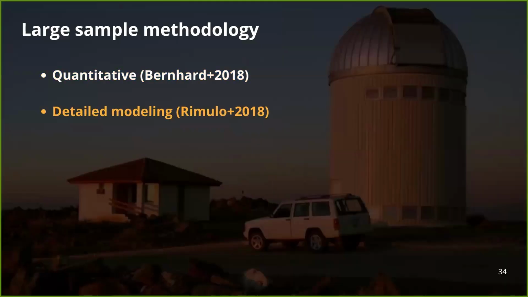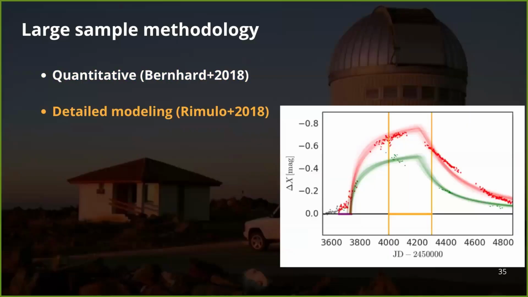Another possibility is to go through each target and do very detailed modeling, like Himlo 2018, where they use the very same OGLE data with a shorter time window, and using different models try to reproduce the light curves in the I band and in the V band.